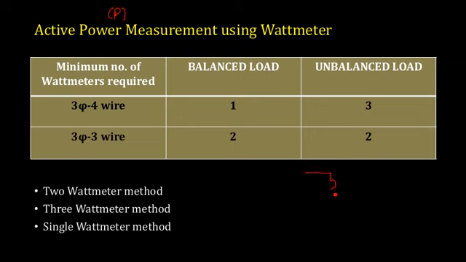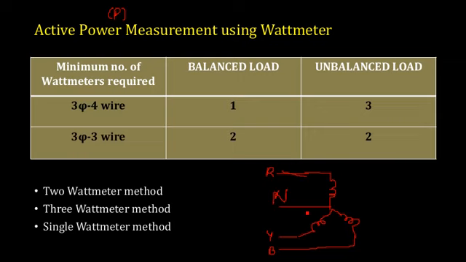If you have a star connection, you have three phases, so you have three wires like this, and then you have one neutral. So this is R, Y, B. So this is a three-phase 4-wire system.